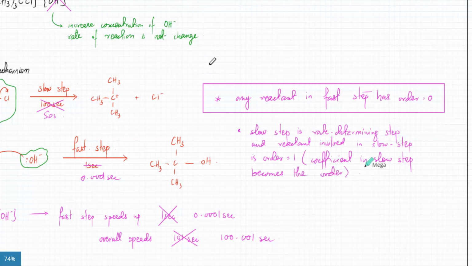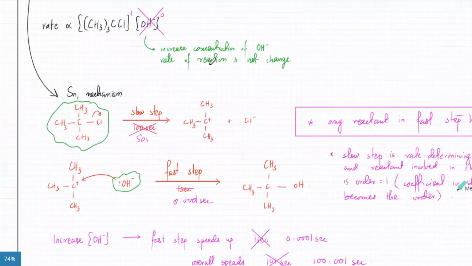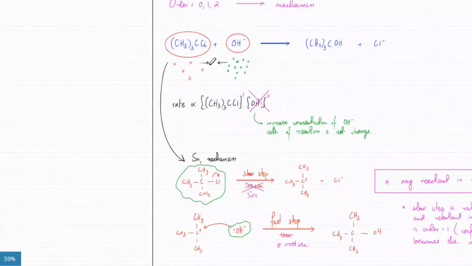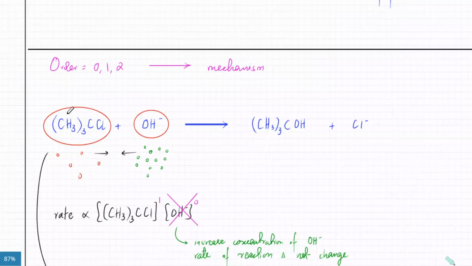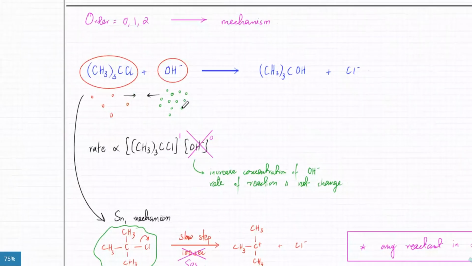So is this point clear? I'll just sum this up, that reactions are not that simple. Like if you write an equation, the reactions don't happen that way. Whenever you see an equation, that's the overall reaction. Reactions normally happen in multiple steps.